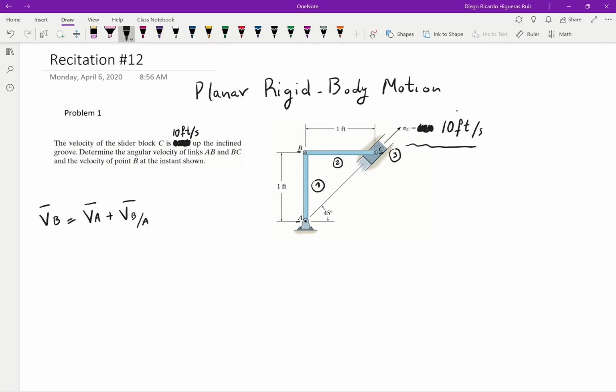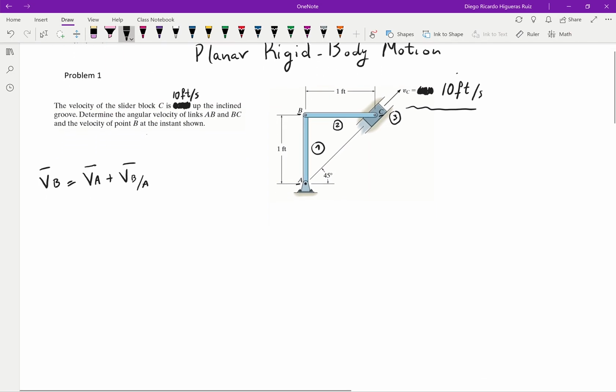We can analyze this equation a little bit. Point A is pinned right here, so point A is not going to translate. It's not going to move, right? It's going to rotate.